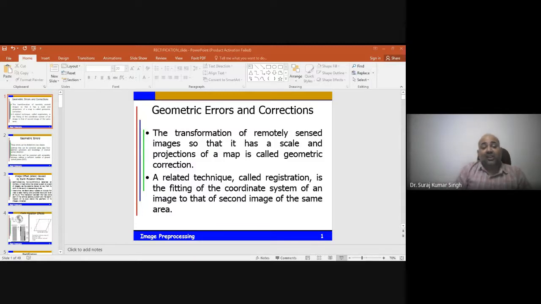In the same way, when you go for cubic convolution, the approach uses the weighted average of the nearest 16 pixels to the output pixel. You can see that 16 pixels were taken into consideration for providing the output value in the output image.